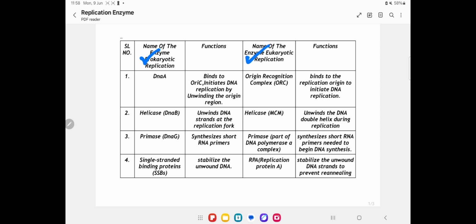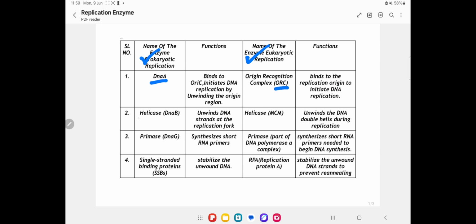And see, here are the similar functions of the enzymes, like DNA A for prokaryotes performs the similar function with ORC in eukaryotic DNA replication. This DNA A and ORC, their action is the same, they are responsible for the initiation of the DNA replication. So DNA A binds to origin C and initiates DNA replication by unwinding the origin region, and ORC also binds to the replication origin to initiate DNA replication.